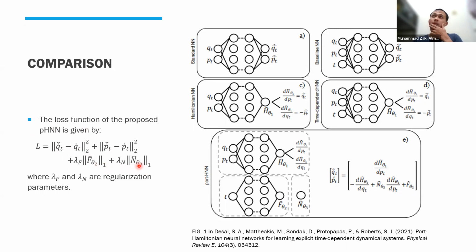In this case, they claim that after their experiments, there are many experiments using L1 norm instead of L2 norm for the force and damping coefficient, the Port-Hamiltonian neural network works much better than with the other norms.